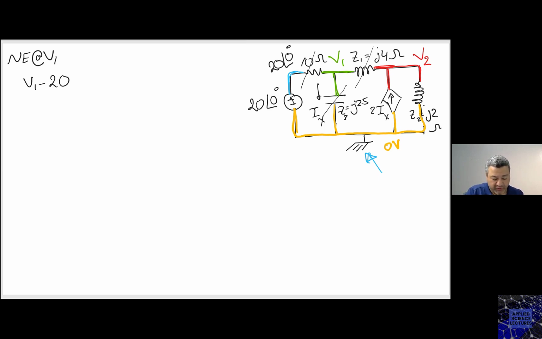So this is V1 minus 20 over 10 plus V1 over minus J2.5 plus V1 minus V2 over J4 equals 0.